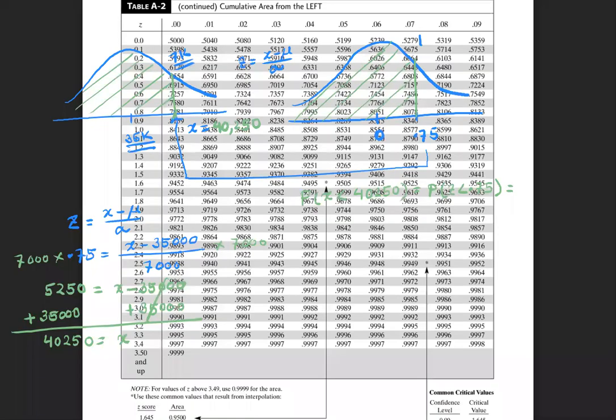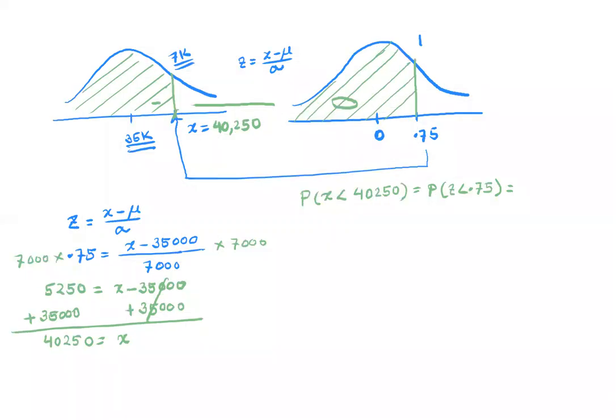Z for 0.75, what is 0.7? I can see it right here. 0.7, 5, 1, 2, 3, 4, 5 is 0.7734.